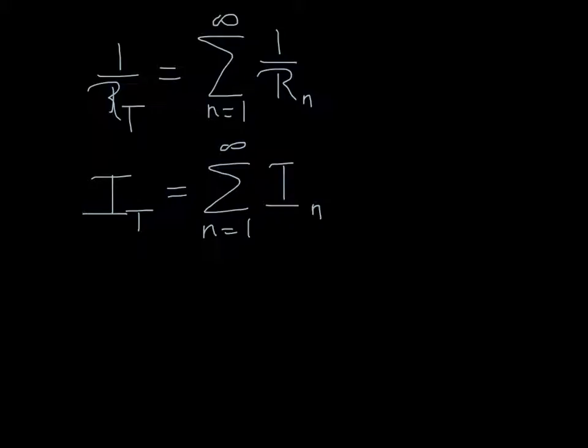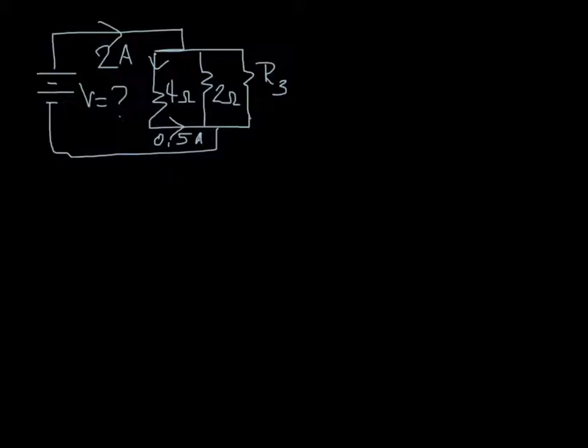Let's do one more just to verify. Look at this one. This one's a little different. We don't know the voltage of the system, but we know the total current is equal to 2 amps. We know the current in the 4 ohm resistor is 0.5 amps.